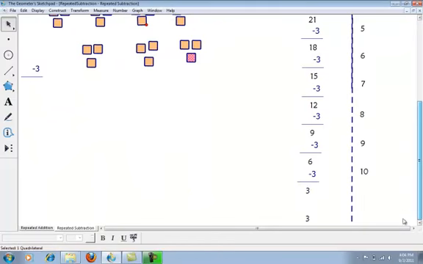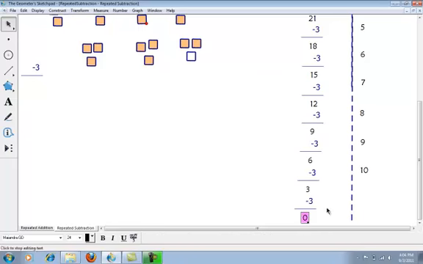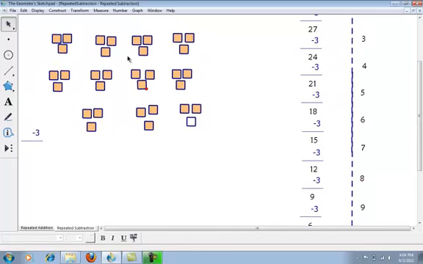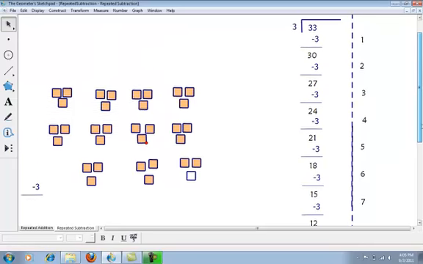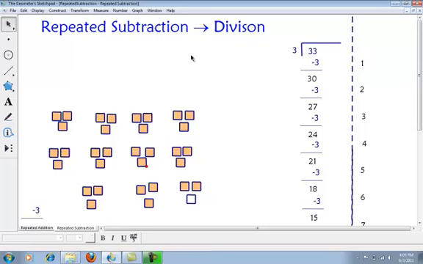We have taken all the tiles because I took 3 away, leaving me with 0 tiles, and I have made a total of 11 groups. So you can see how I took my 33 tiles and I made 1, 2, 3, 4, 5, 6, 7, 8, 9, 10, 11 groups. And I can do that with repeated subtraction.